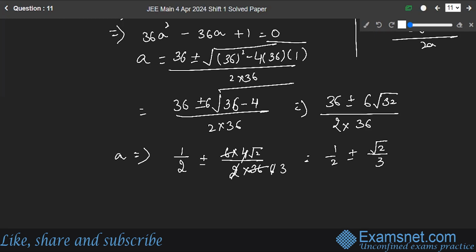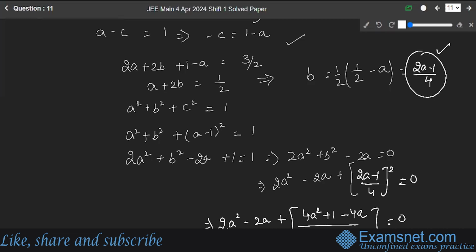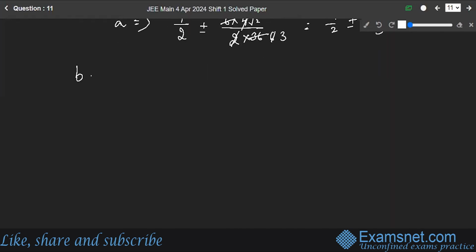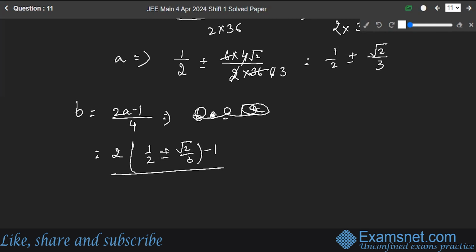Now let's solve for B and C. What was your B equal to? B was this. So your B was 2a minus 1 upon 4. This gives you B is equal to, and this is the value for A. Let's fill in. B is equal to 2 into 1 by 2 plus minus root 2 by 3 minus 1 upon 4.